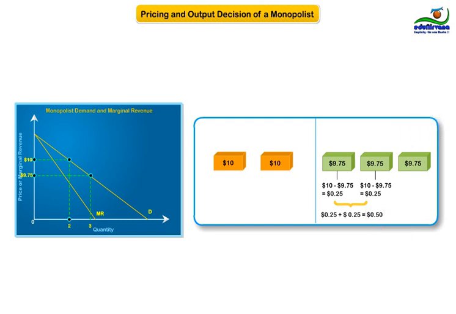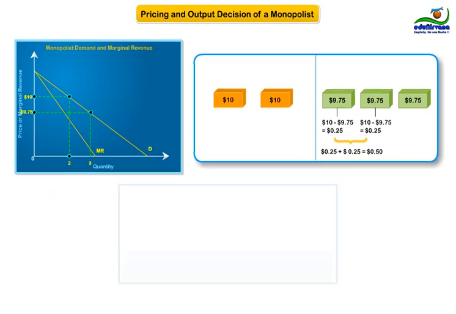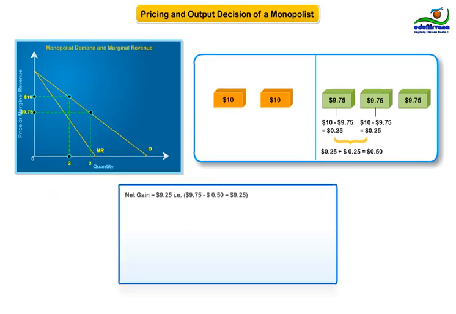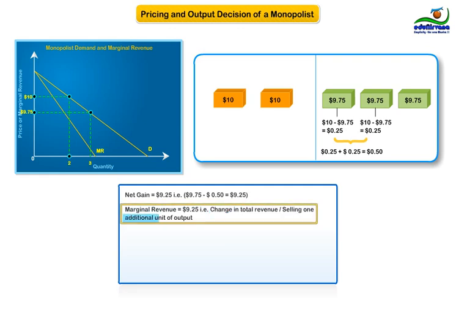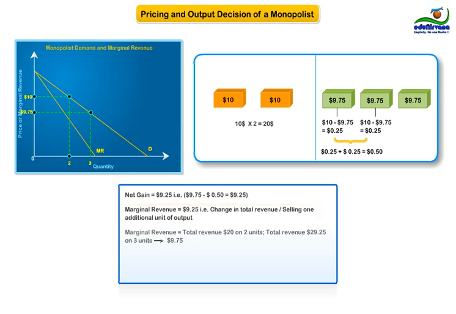Gains are greater than losses. The monopolist's net gain from selling the additional unit of output is simple to calculate. It is 9.75 minus 0.5, which is equal to $9.25. This is the monopolist's marginal revenue, the change in total revenue that results from selling 1 additional unit of output.